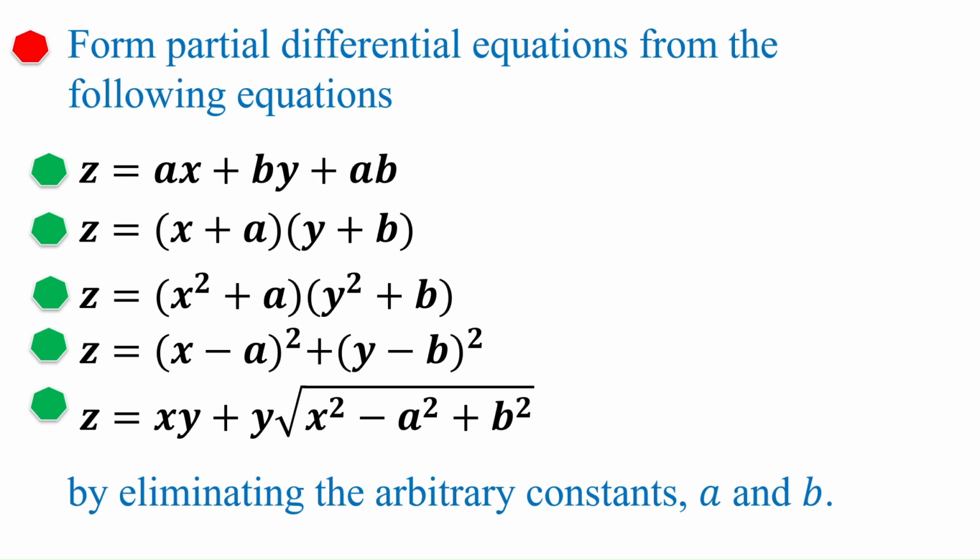Question number 3. z equals (x square plus a) multiplied by (y square plus b). Question number 4. z equals (x minus a) whole square plus (y minus b) whole square. Question number 5. z equals xy plus y multiplied by square root of x square minus a square plus b square.